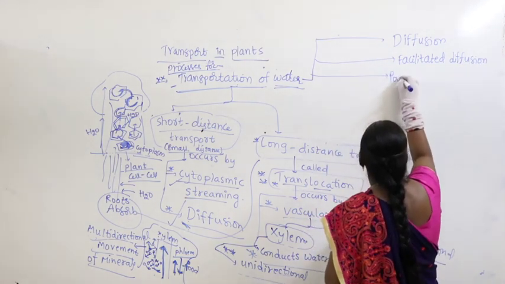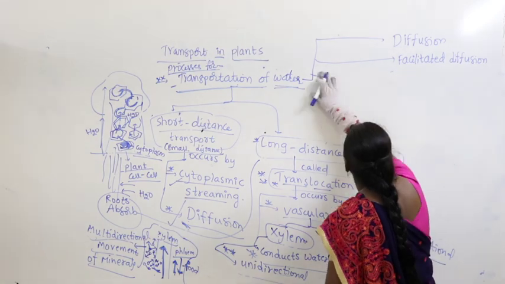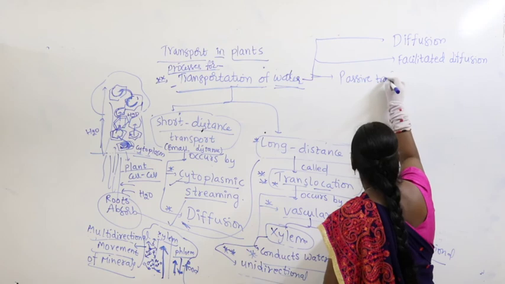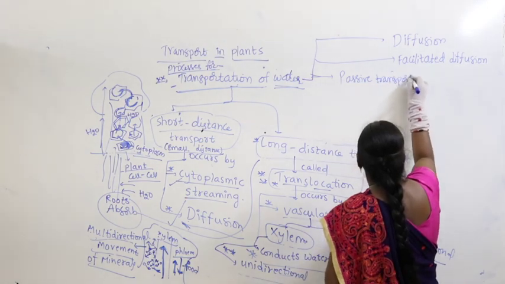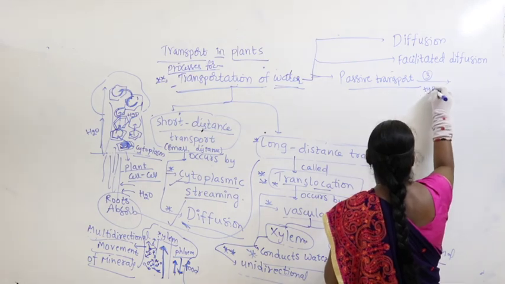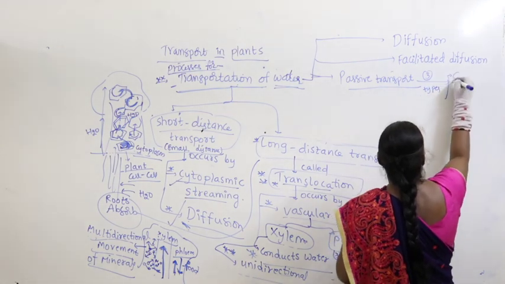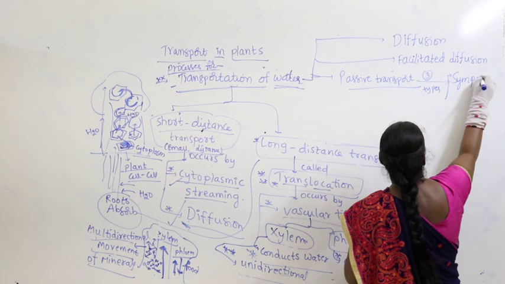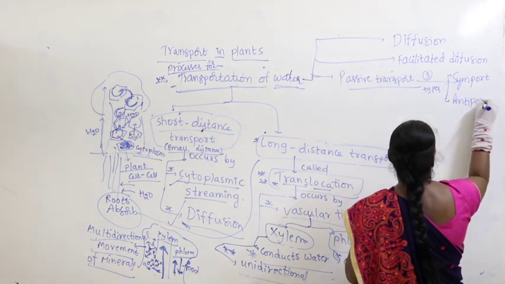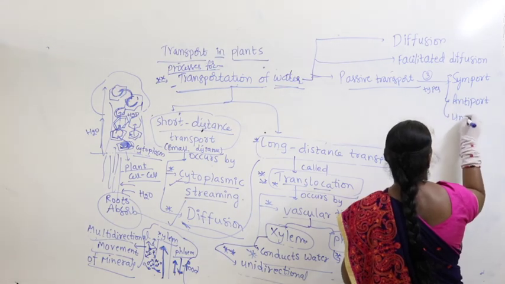Then we find passive transport. Passive transport again has three types: symport, antiport, and uniport.